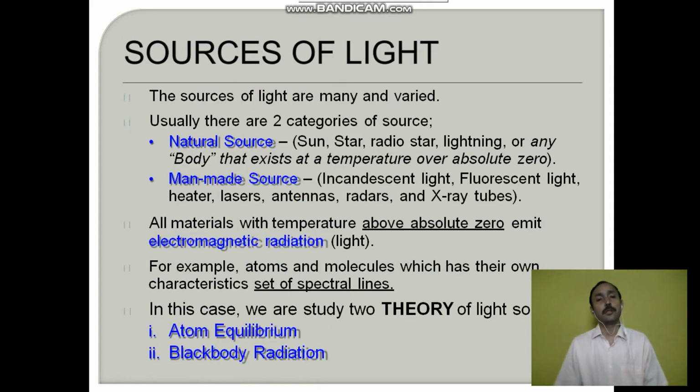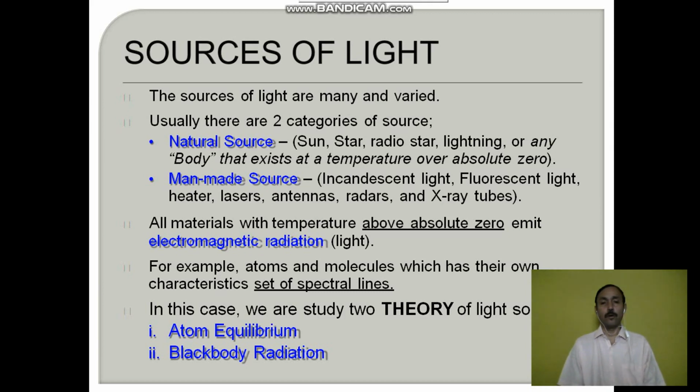The different sources of light are natural sources: sun, star, radio star, lightning, or any body that exists at a temperature over absolute zero. Man-made sources are incandescent light, fluorescent light, heater, lasers, antennas, radars, X-ray tubes, etc. All materials with temperature above absolute zero emit electromagnetic radiation.